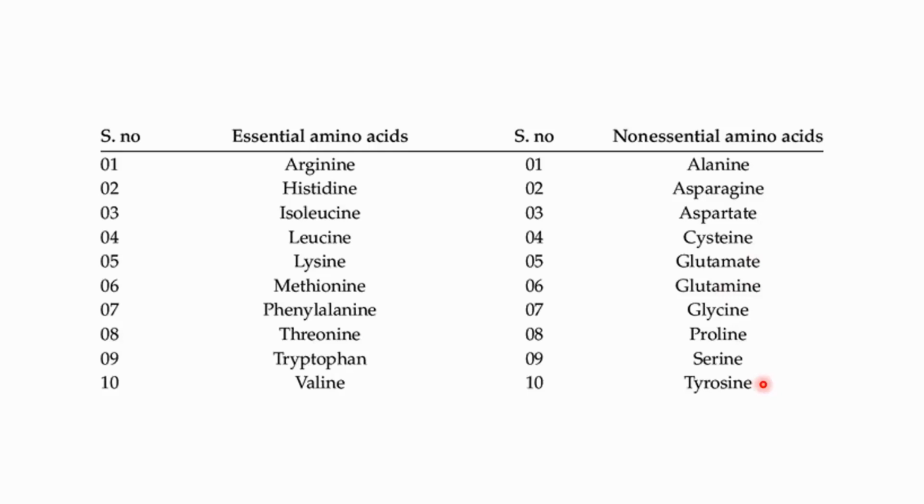So it is very important to know which are the essential amino acids and which are the non-essential amino acids. I'll share the mnemonics to remember the essential and non-essential amino acids with you.